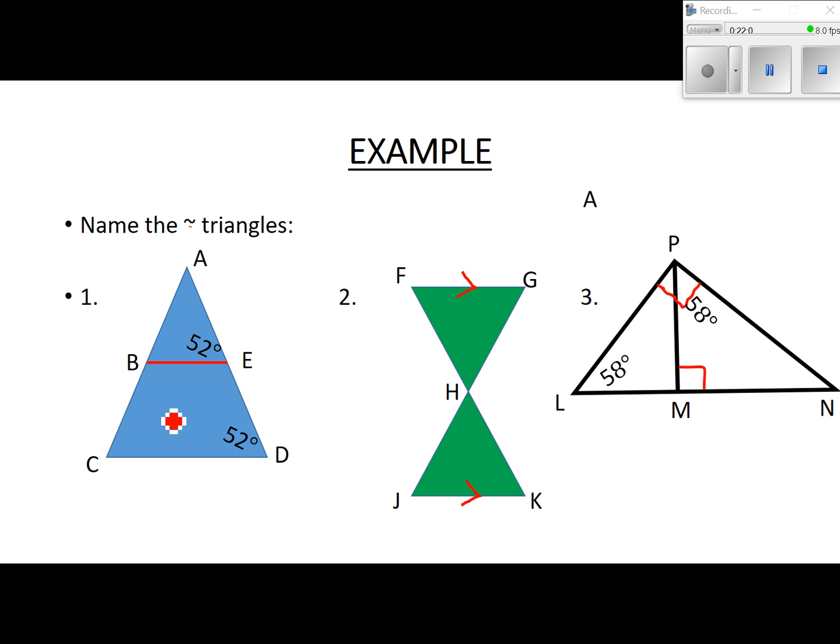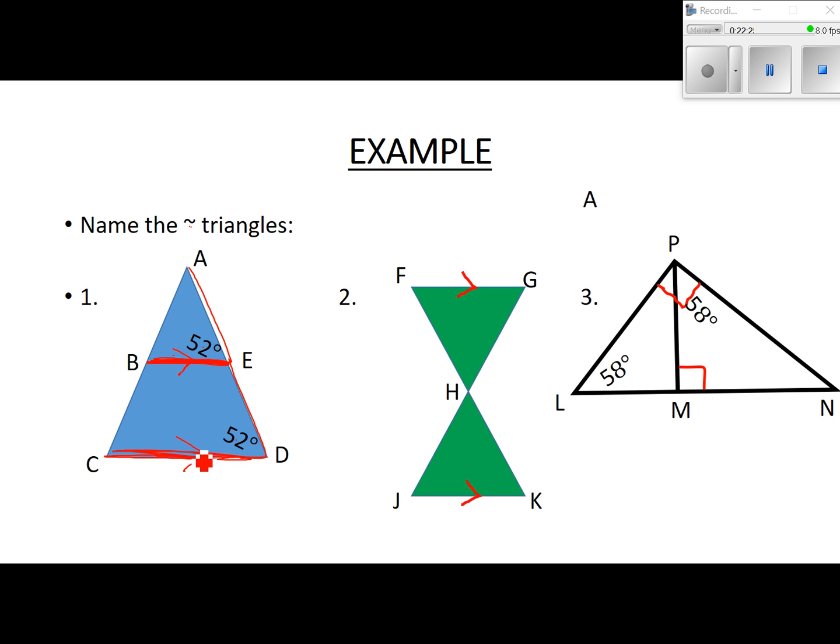On this first one, if you see this angle's 52, this angle's 52, you should realize that that means that these 2 segments are parallel to each other when we dealt with parallel lines, because those angles are corresponding angles. So that means that these 2 have to be parallel.